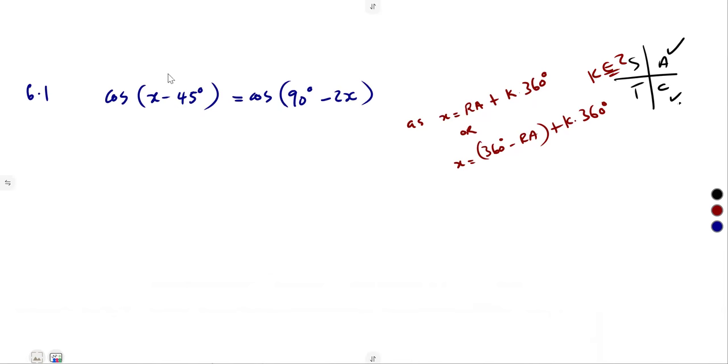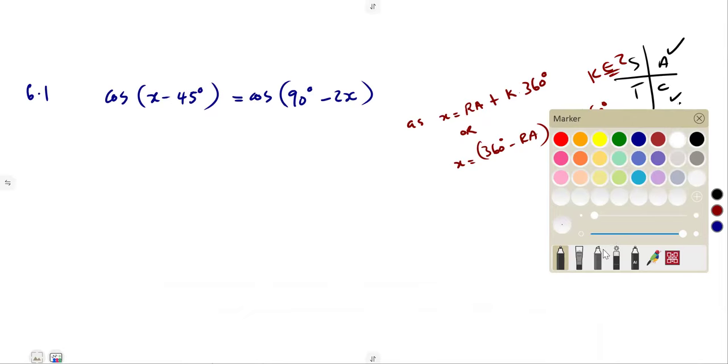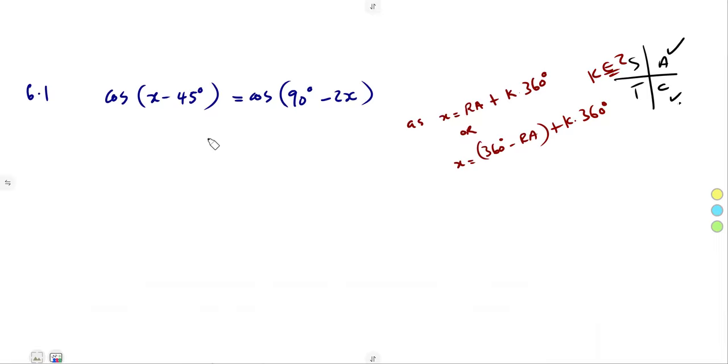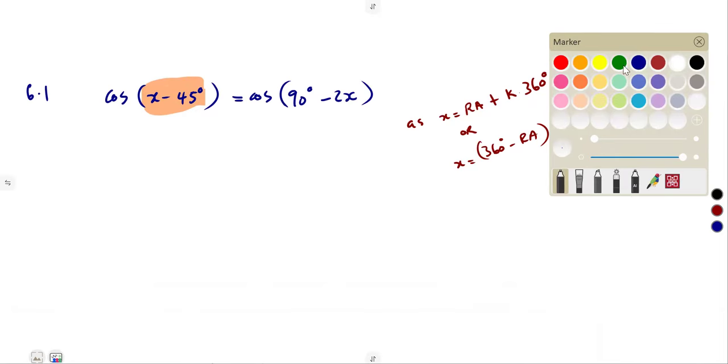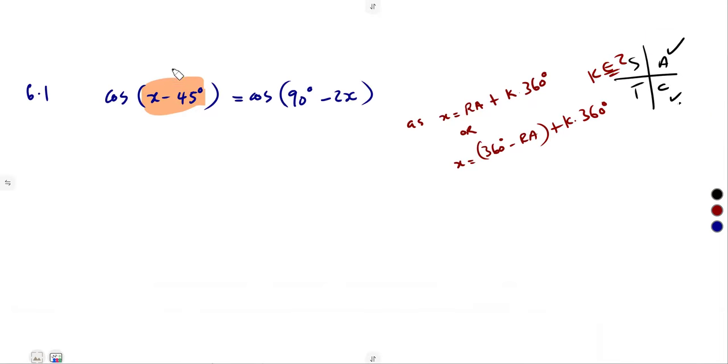So in our case, our x is taken from the left-hand side. Remember this from your grade 11: you take this one as your x. It is the one representing our x in this case. So what is now our reference angle?